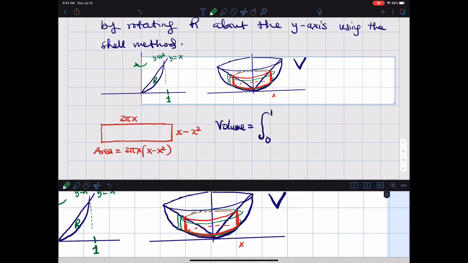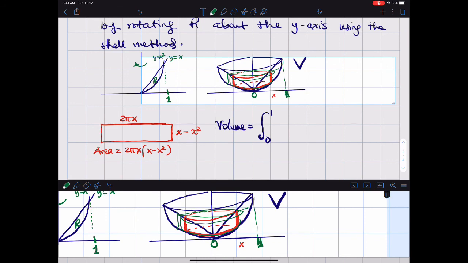I'm saying area because the shells are very thin, so we can just think of the volume as the area.